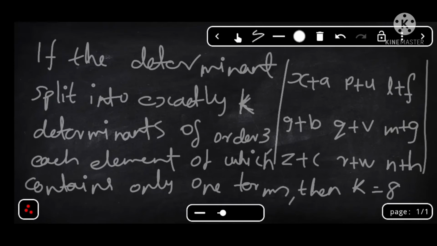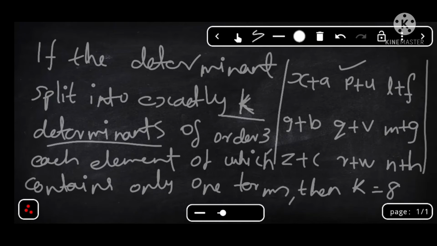So our next question is, if this determinant is split into exactly k determinants of order 3, each element of which contains only one term, then k equal to 8.